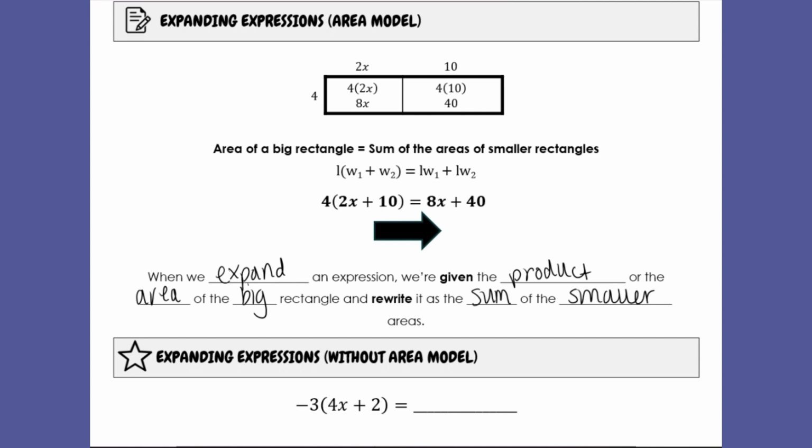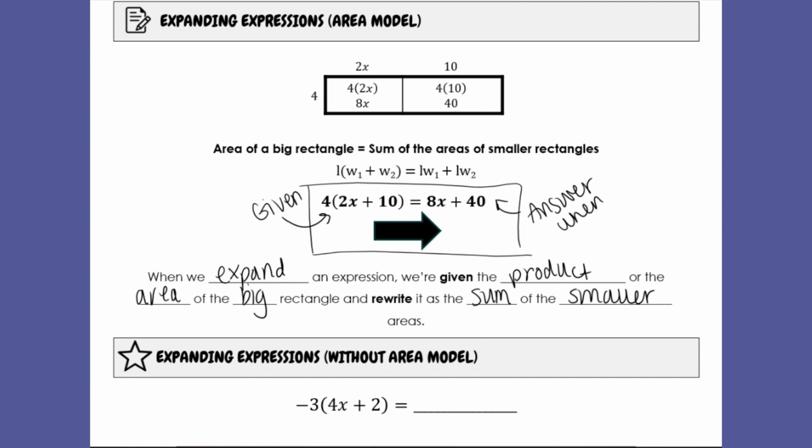So essentially, if you look at the picture, we're going to be given our problems that look like this, and this is going to be essentially our answer when we expand. Okay, so let's look at what that looks like with an example below.